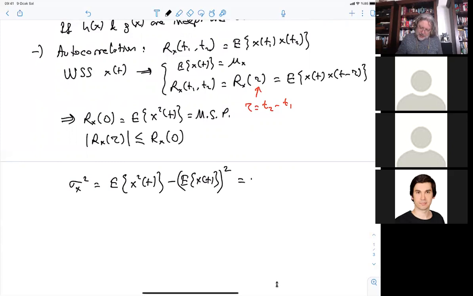So it's actually Rx of 0 minus mu x squared. This is the variance. So the variance and the mean squared power are different entities, particularly if the mean is not equal to 0. If the mean is equal to 0, for zero-mean sequences, Rx of 0 and the variance become the same.